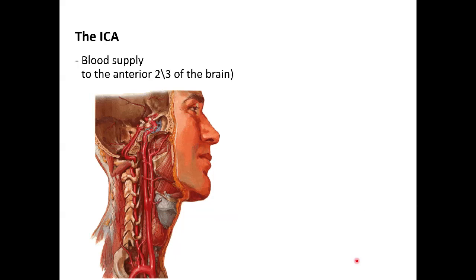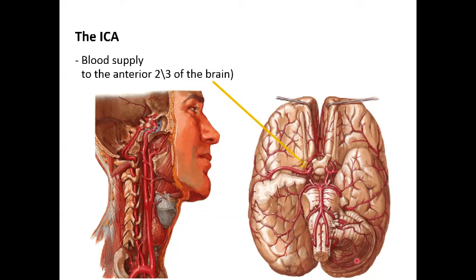The internal carotid artery provides blood supply to the anterior 2/3 of the brain. So I use the scheme of the brain, and this large red circle demonstrates that the anterior 2/3 of the brain is supplied by the internal carotid artery.